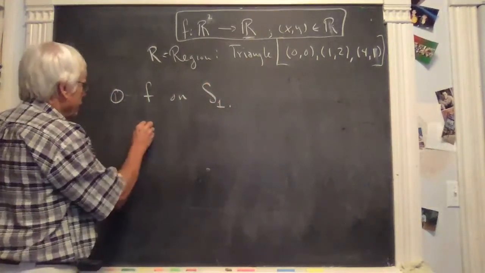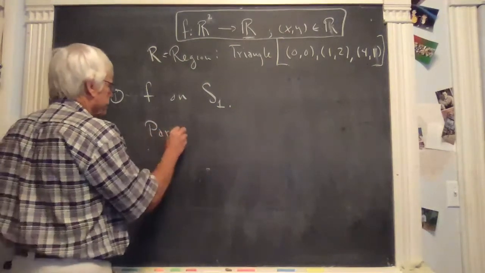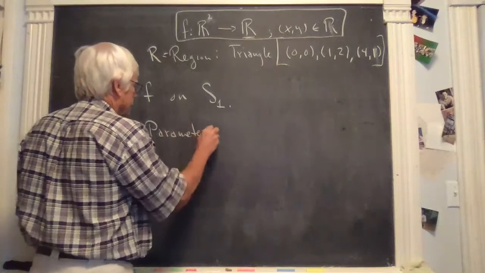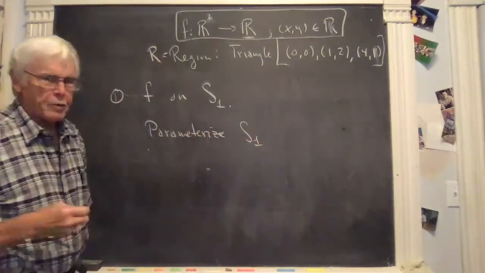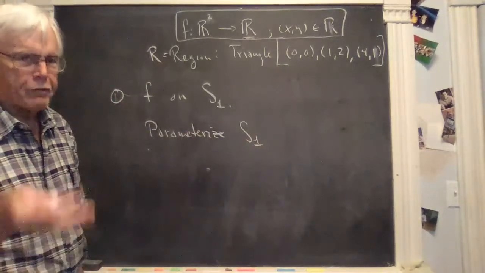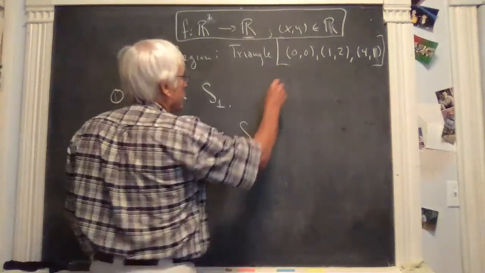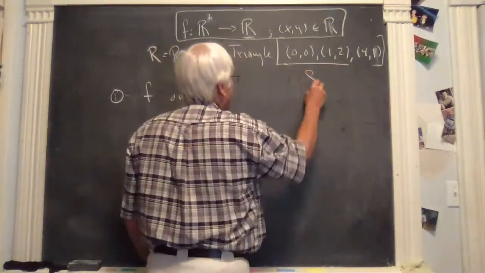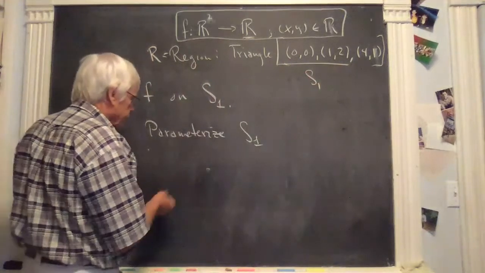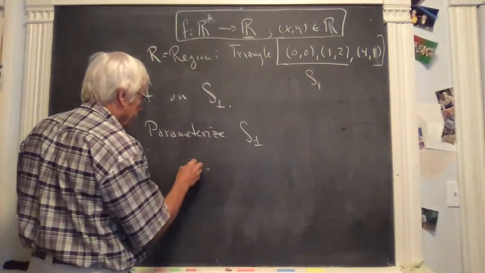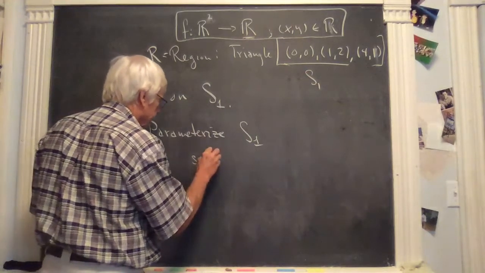The first thing to do here is to parameterize segment 1. That is, describe segment 1 as the range of a function of one variable. So segment 1 goes between 0, 0 and 1, 2. So let's call it seg1.